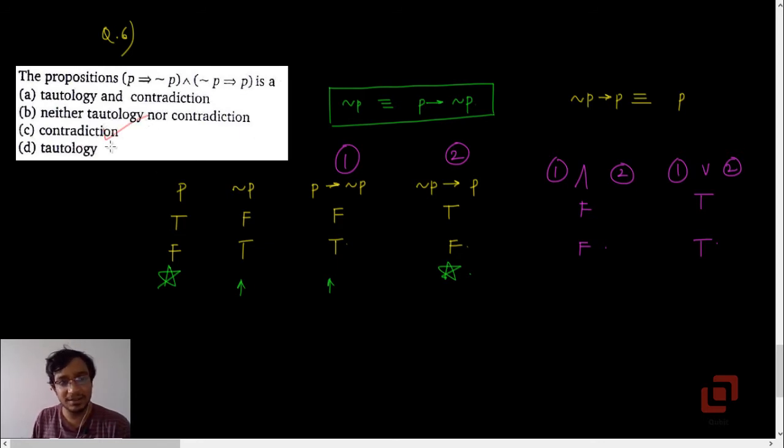Sorry, not its negation, I should say: when you take the disjunction of the composite statement instead of conjunction, then you will get a tautology. Okay, a simple problem.